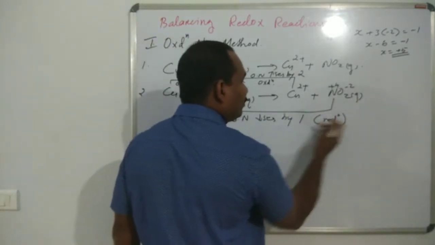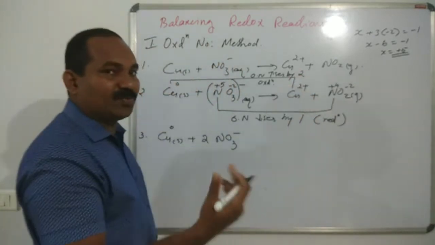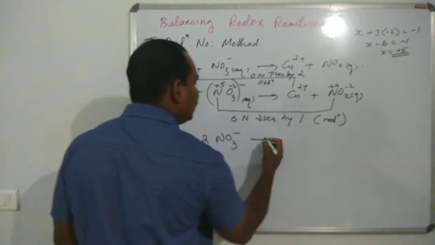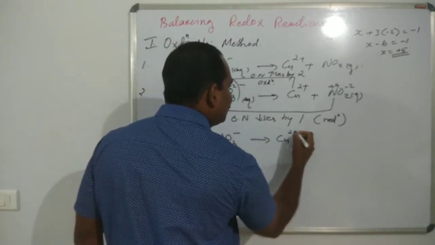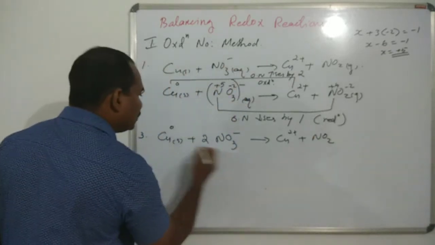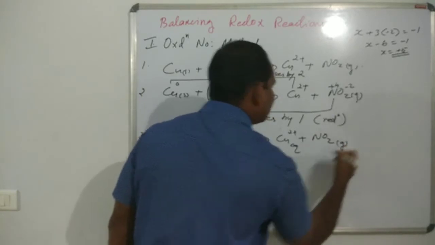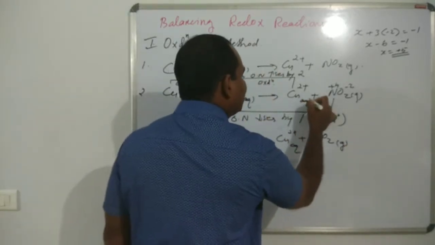Just remember that 1 multiplied by 2 gives 2. So changes become equal. That gives Cu2 plus NO2. Okay, this is solid, aqueous, gas. You write the physical state also.